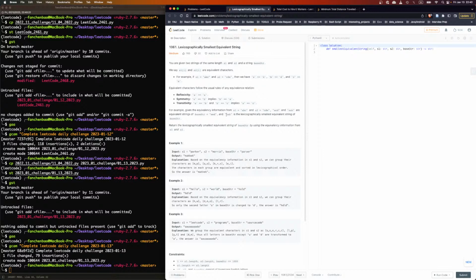So the base string EED, they're all equivalent strings of this. And AAB is the lexicographically smallest equivalent string of this. Return the smallest equivalent string by using the equivalence information from S1 and S2. Okay.